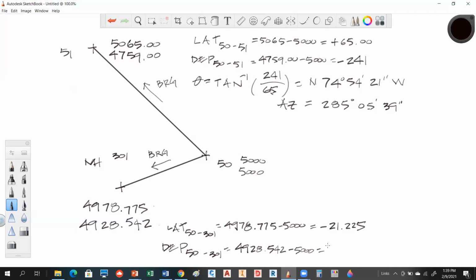Well, the answer I got wasn't right. Looks like a minus 71.458. So everybody agree with that? Yes. All right, so my angle here would be the arctangent of departure over latitude.